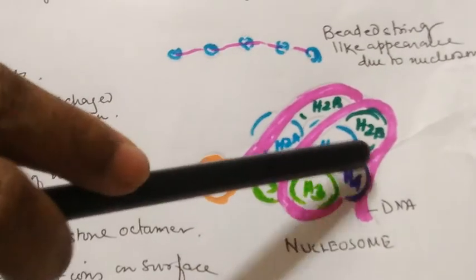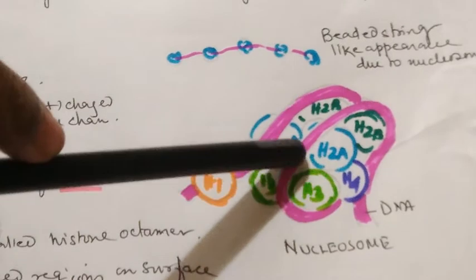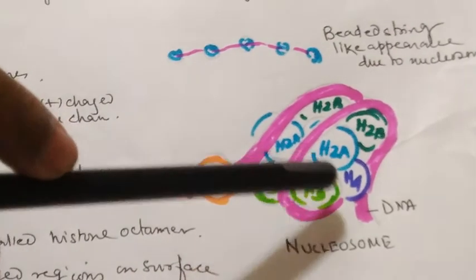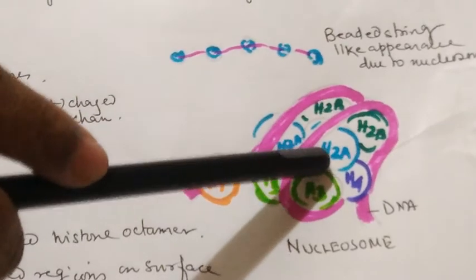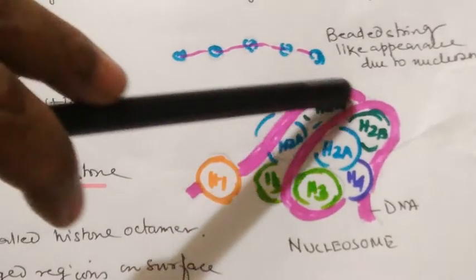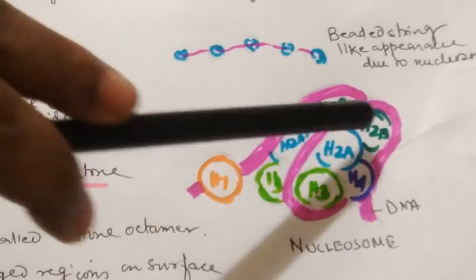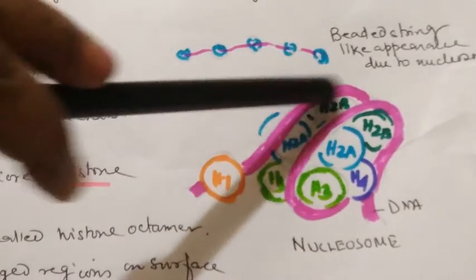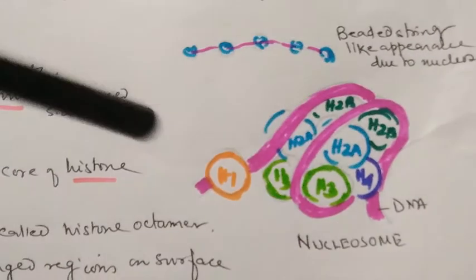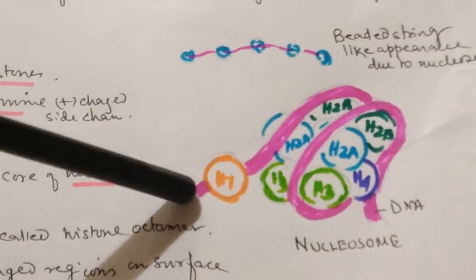They have a positive charge on the surface, due to amino acids like lysine and arginine, and a hydrophobic part inside. The DNA, negatively charged due to the phosphate backbone, is wrapped along the histone with 1.75 coiling, and two nucleosomes are linked by the unwrapped portion of the DNA.